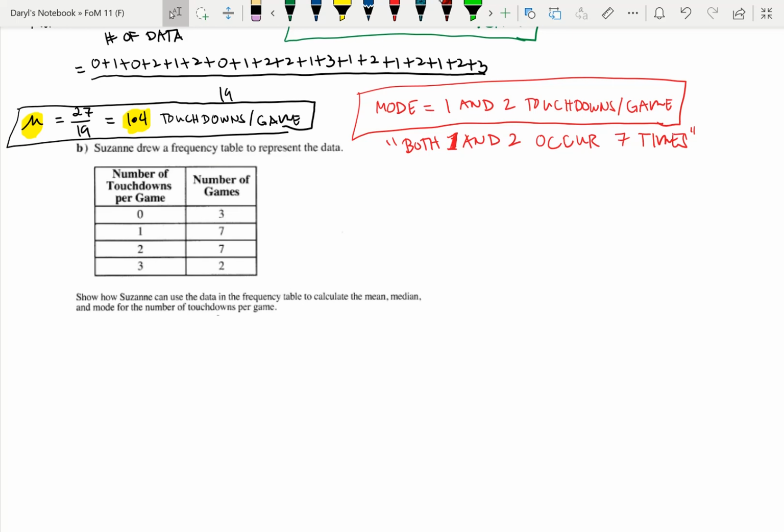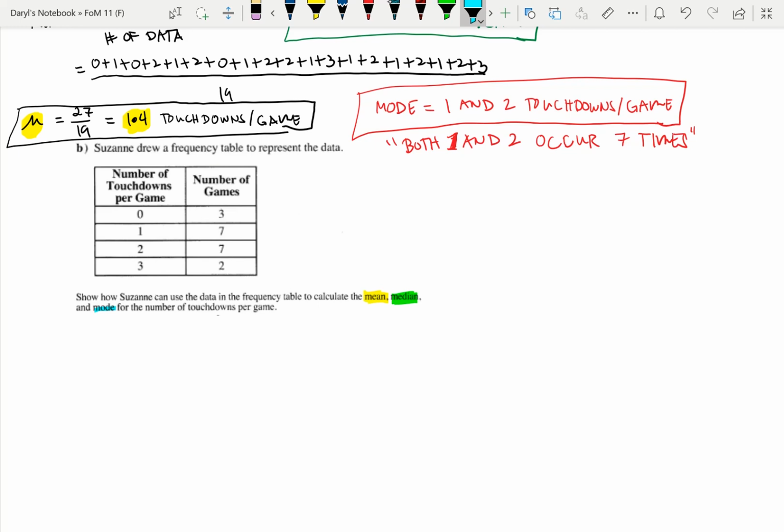So show how Hussein can use the data in the frequency table to calculate the mean, median, and mode. Okay, so again, we will try to get the mean, median, and mode, but we're just given the frequency table.